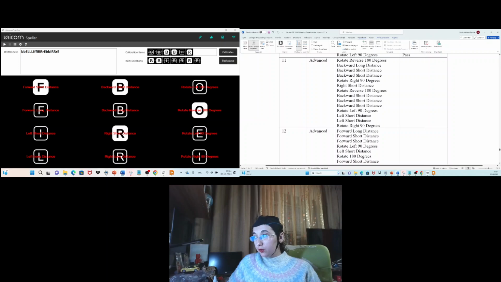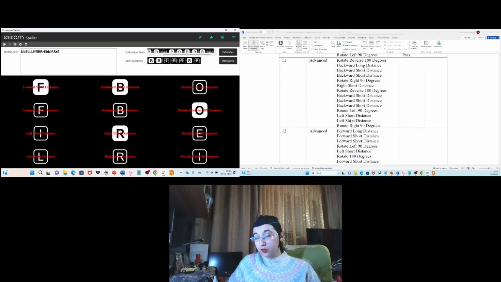I'll continue with rotate reverse 180 degrees. After that, backward short distance, movement direction for 3 times. Okay, 3 times. Then rotate left 90 degrees.